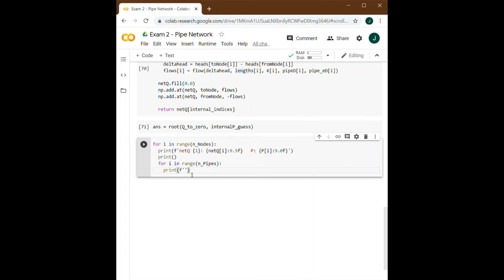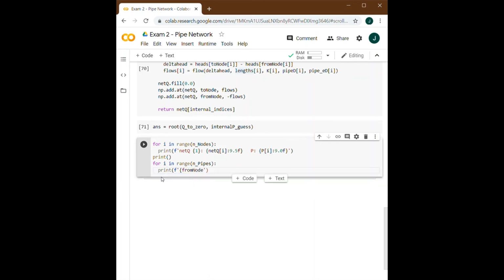But this one, we're going to show off the flow in each pipe. So let's indent these. Our flow in our pipes is going to look very similar.